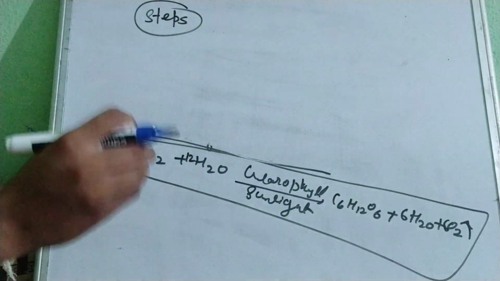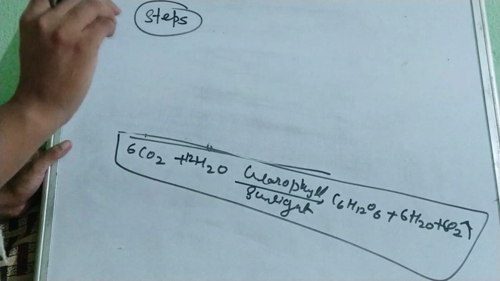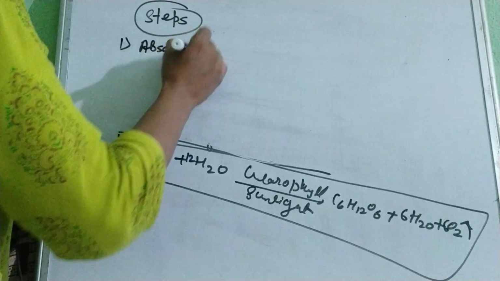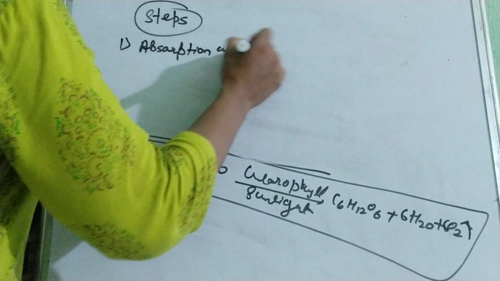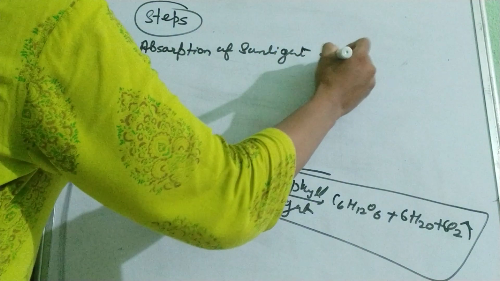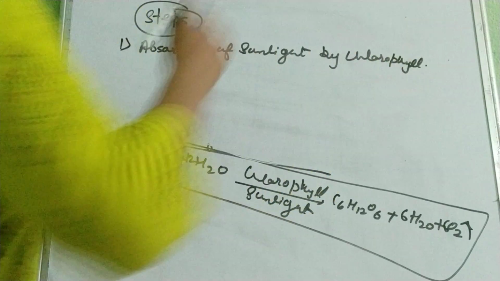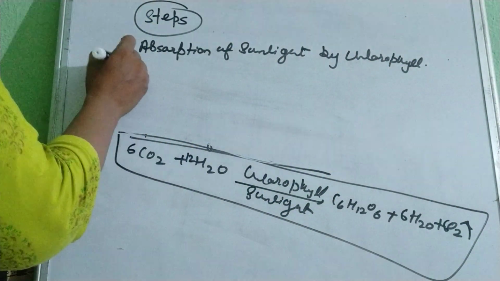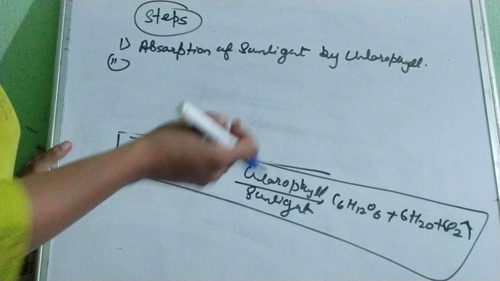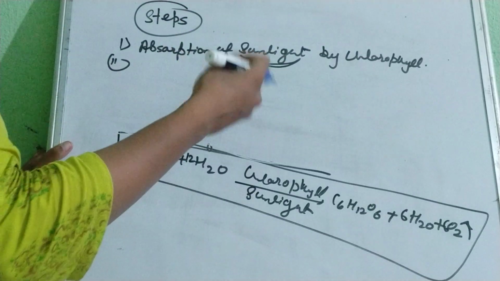The first step is absorption of sunlight by the chlorophyll. Remember, absorption of sunlight by chlorophyll. Second, when chlorophyll absorbs sunlight, what will it do? It converts the sunlight into chemical energy.